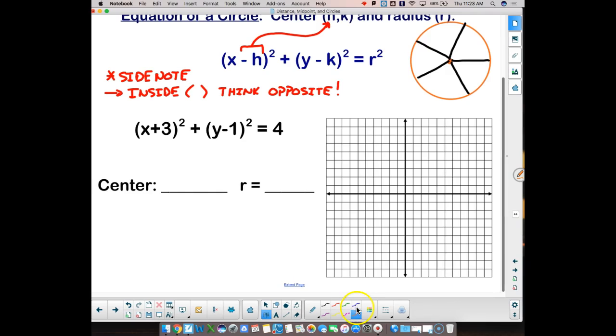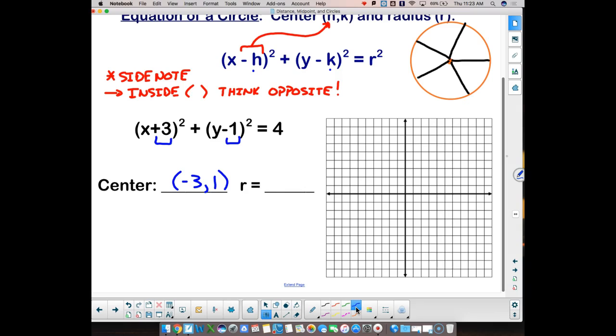So this number and this number are what I'm looking at, because here's h and there's k in those numbers. So if they're inside a set of parentheses, I'm thinking here that the center of my circle is at -3, positive 1. Do we agree with -3, positive 1 as the center of our circle? Okay? Plus, think opposite is negative. Negative, think opposite is positive.